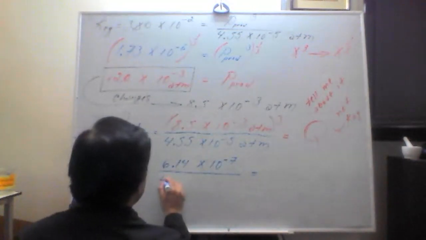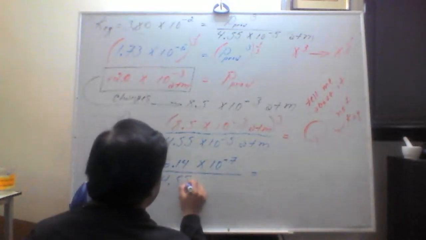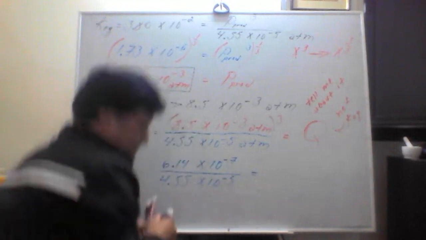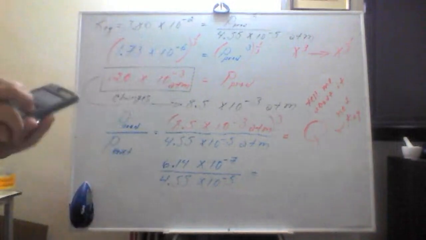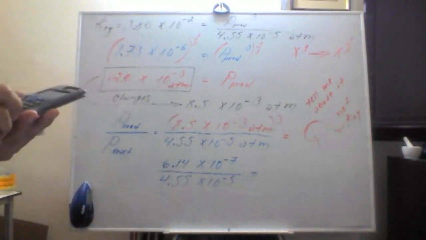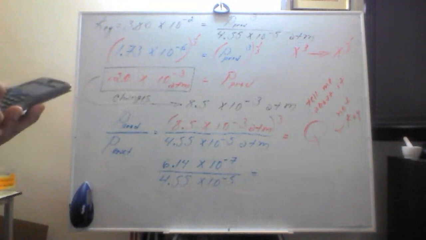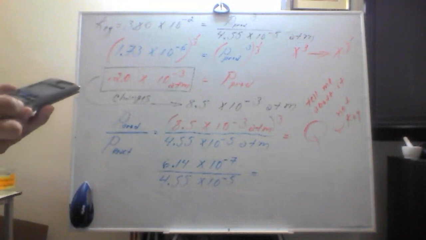And then we get this number here, 1.35 times 10 to the minus 2.